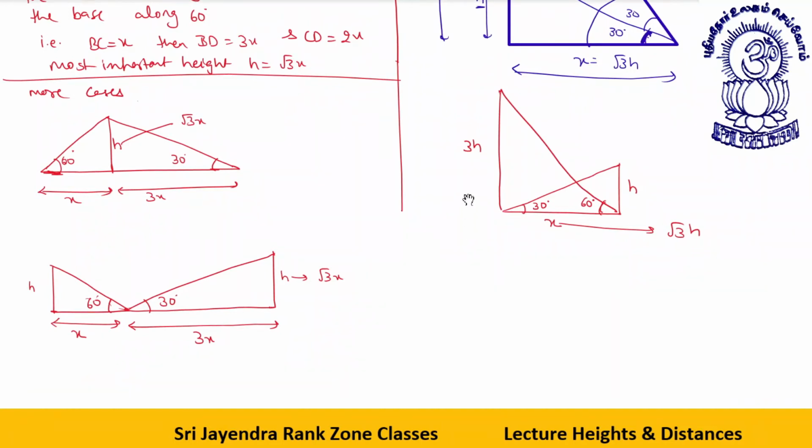Again, I take two cases. It means, let's say this is the midpoint somewhere. This is X and this is also X. You have a middle point over here.